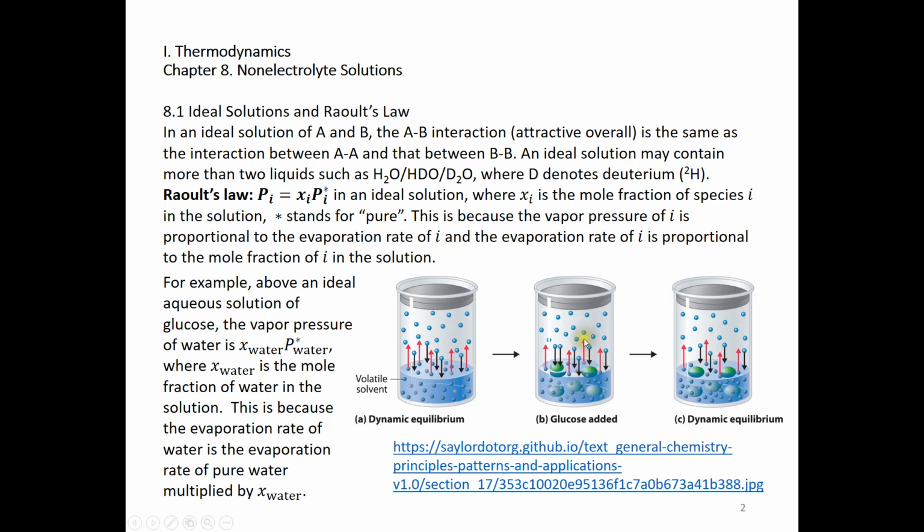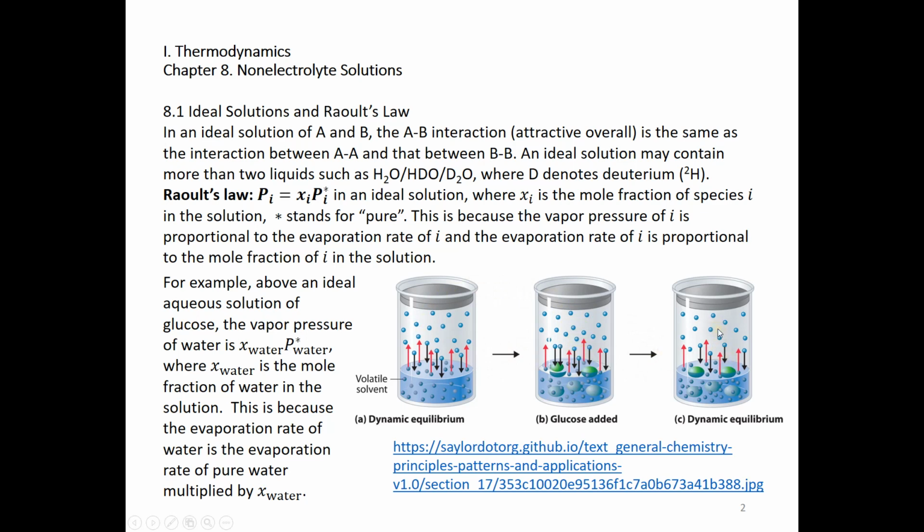So now we do not have an equilibrium. The condensation is now faster than evaporation because the evaporation rate is only 80% of the previous evaporation rate. When you have a higher condensation rate than the evaporation rate, you will have lower pressure of water in the gas phase.